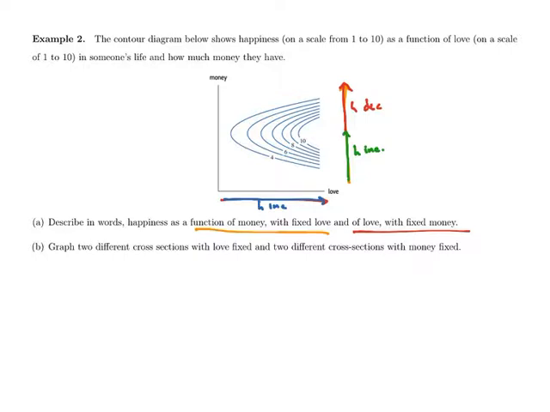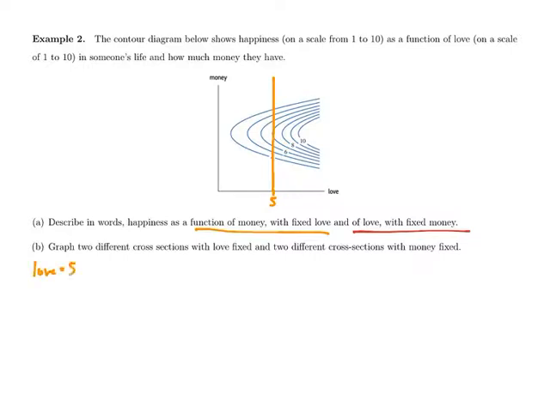All right, so now let's think about this specifically. Graph two different cross sections with love fixed and two different cross sections with money fixed. This is something we already did in this example, but we'll do it again here. So first, let's do it with love fixed. Let's think about if we had a love value of, let's say, 5. And we're looking at this cross section, and we're trying to figure out what's going on.